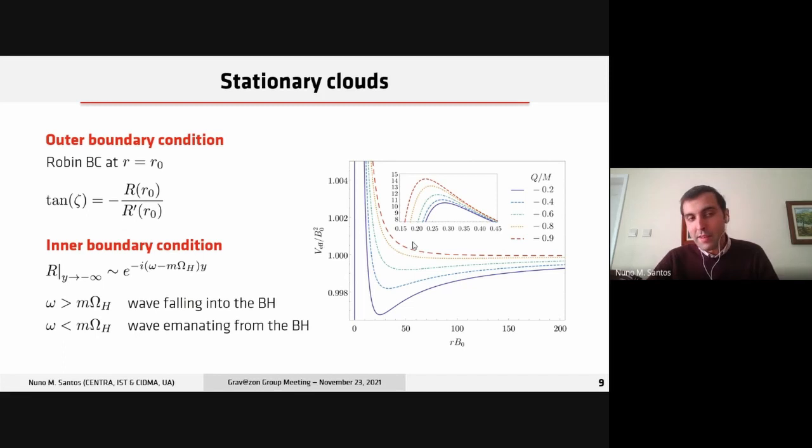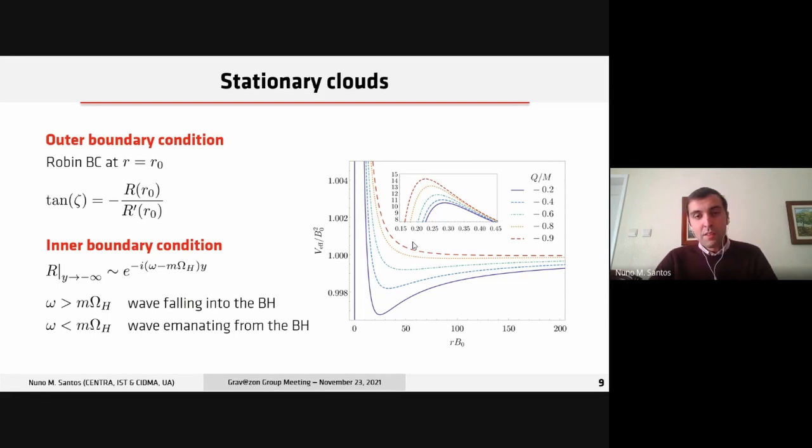So it is natural to impose a Robin boundary condition at r equal r naught, where r naught is of the order of the inverse of b naught, right? So that we can respect the threshold value for B.